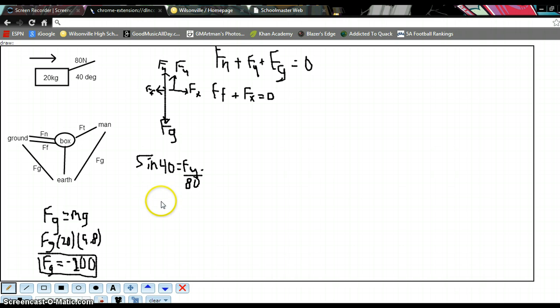So the sine of 40 times 80 is 51 newtons.